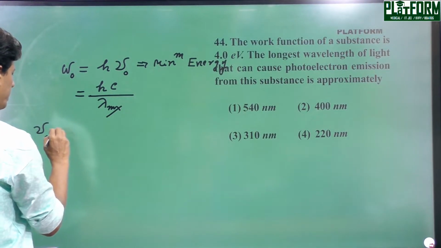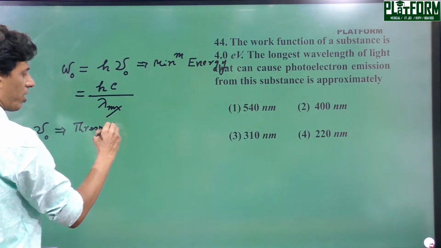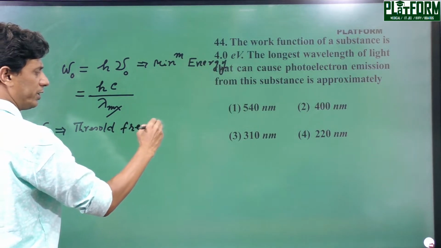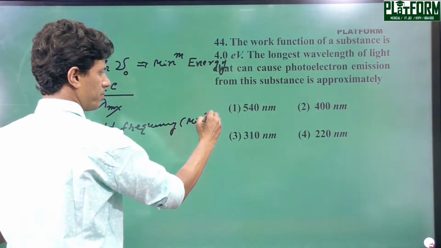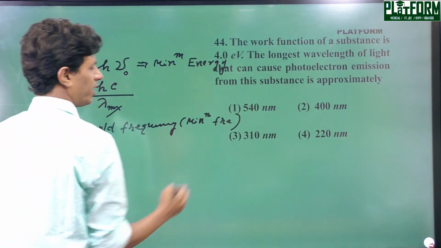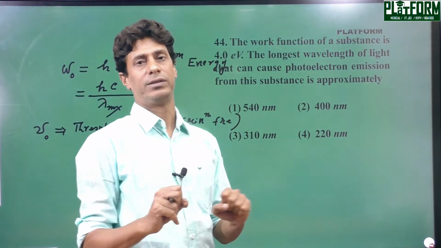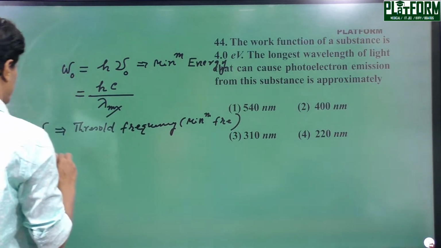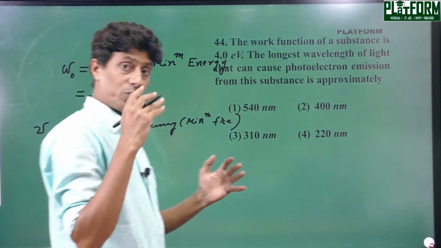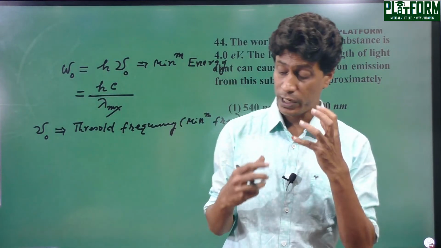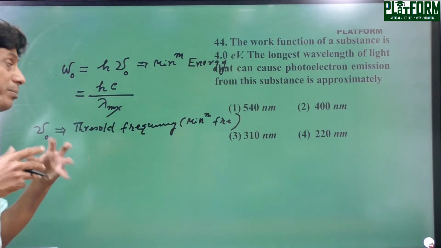Here it is the threshold frequency, that is the minimum frequency, and the minimum frequency corresponds to the maximum wavelength, that is the cutoff wavelength. Lambda max is the maximum wavelength up to which the photoelectric effect can take place.